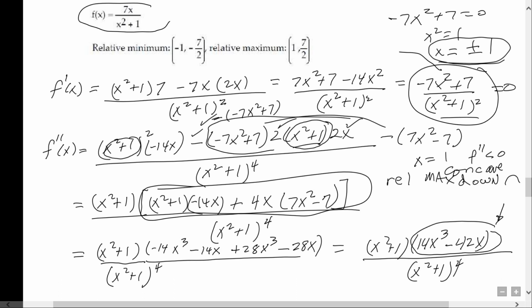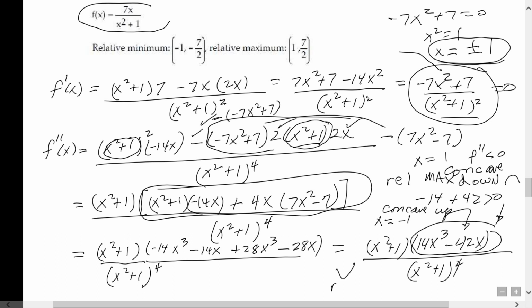And plugging in x equal minus 1, we see that that term is going to be minus 14 plus 42, which is more than 0, so it's concave up.